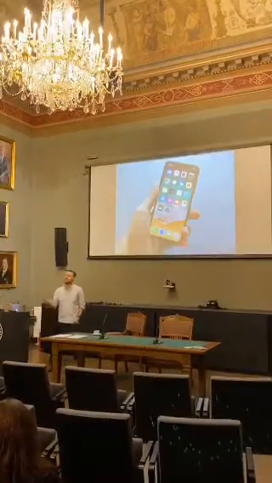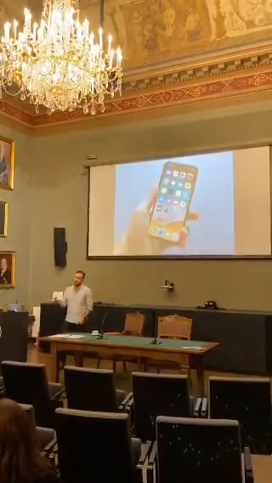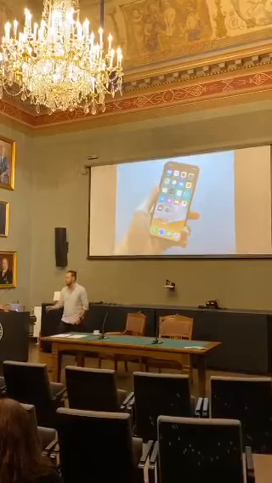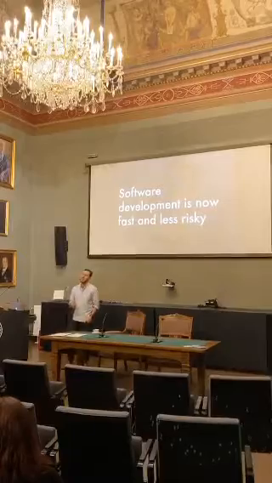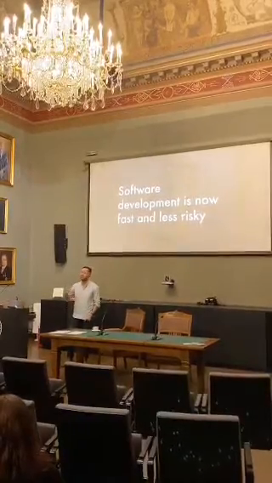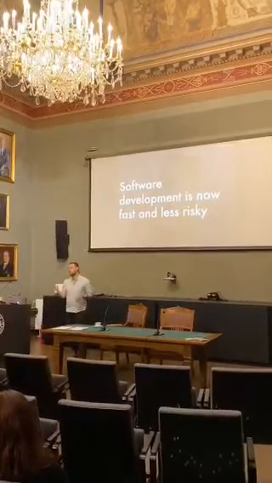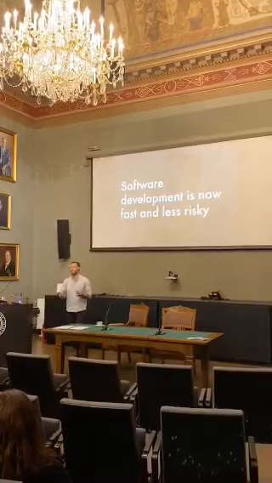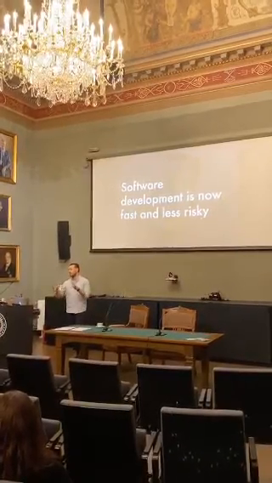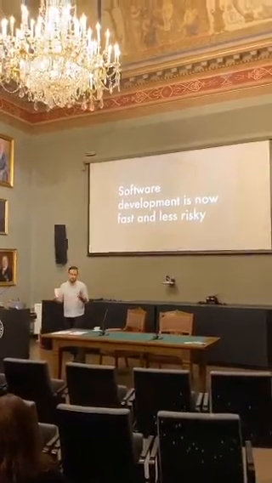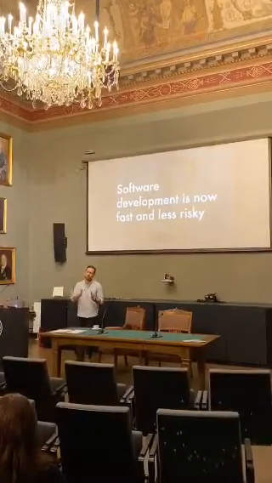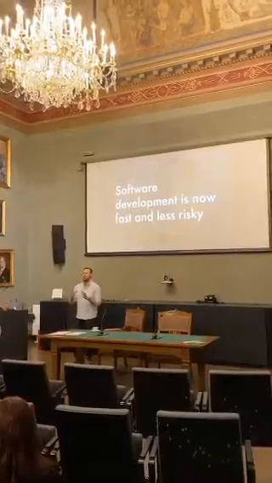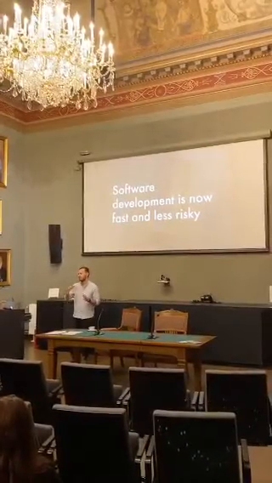But like I said before, nowadays we have apps, we have services, we have things like Facebook, and these things are much, much quicker. Software development is now fast and less risky. For instance, when Facebook wants to introduce a new feature, let's say events, which we now see as a core part of Facebook, back when it was introduced, they noticed people were starting to organise parties on people's walls, and thought maybe we should do a little feature.